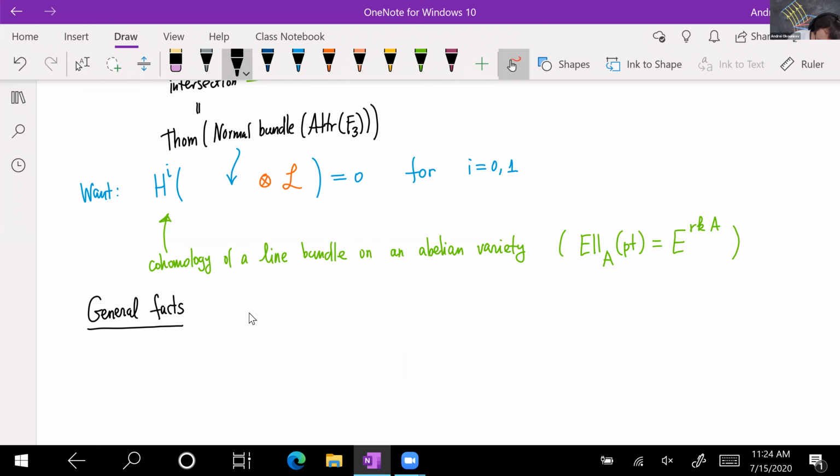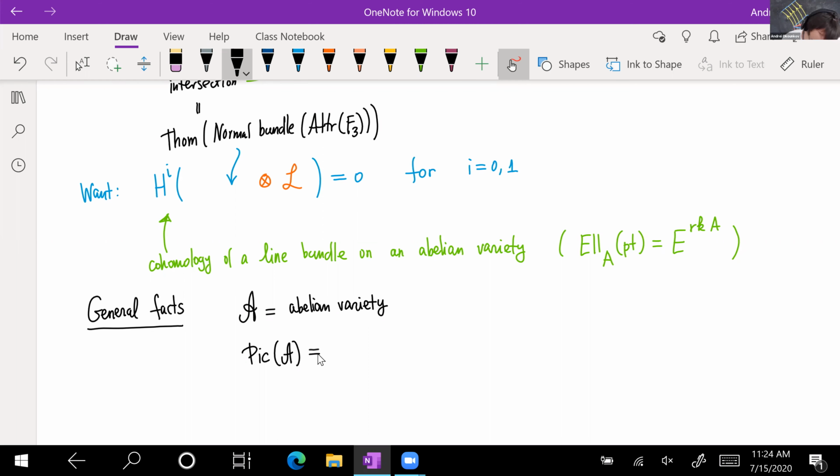So, let A be an abelian variety. Then its Picard group is a group of line bundles that is... I want to write a product, but it's not exactly a product.